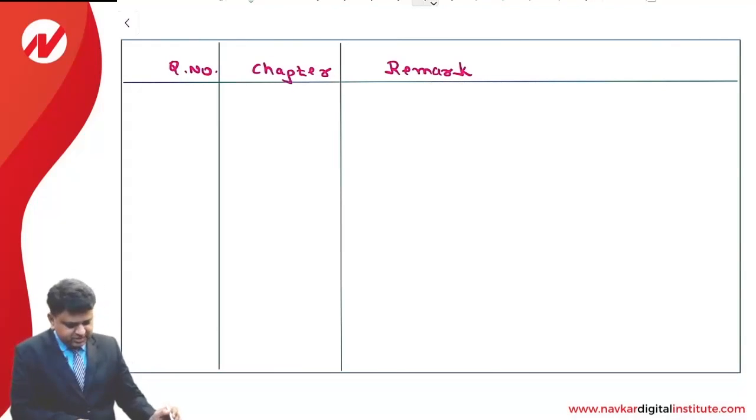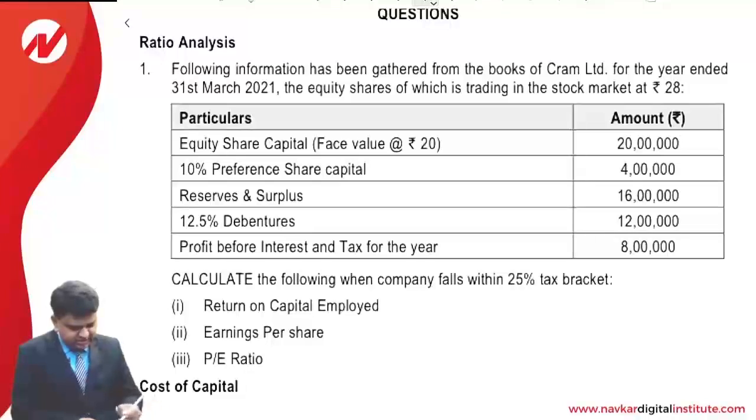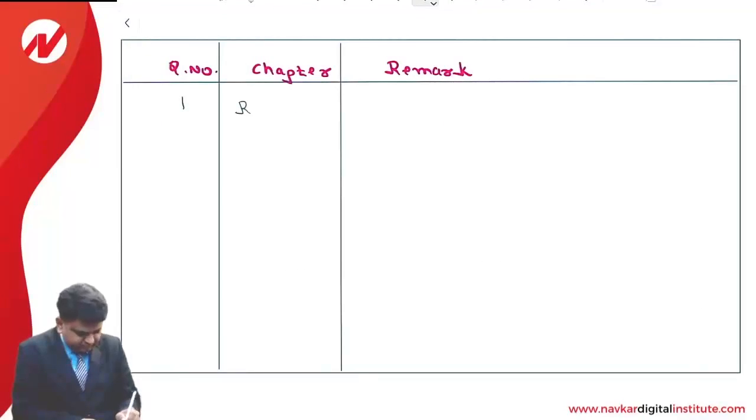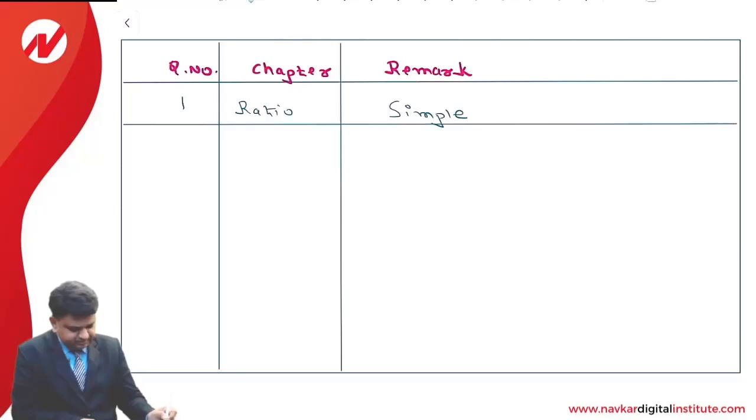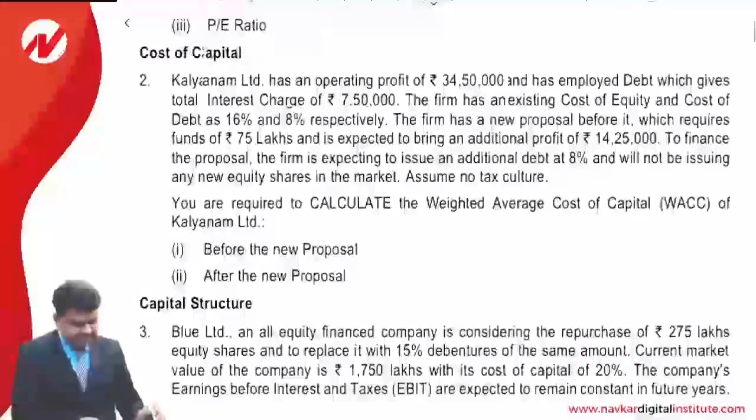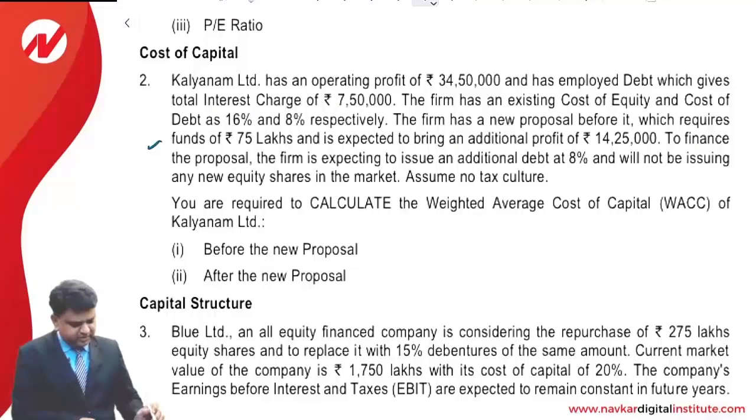So let us see question number 1, which they have provided over here, on ratio analysis. In my opinion, it is comparatively a simple question. Similar to this, they have provided questions a number of times in examination. The second question is again simple: weighted average cost of capital to be calculated.